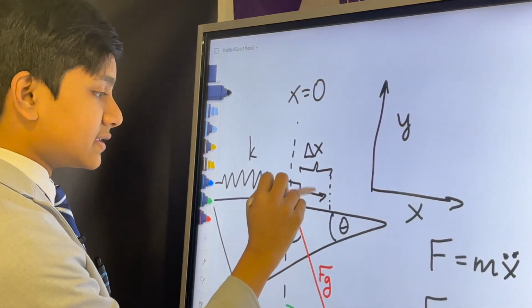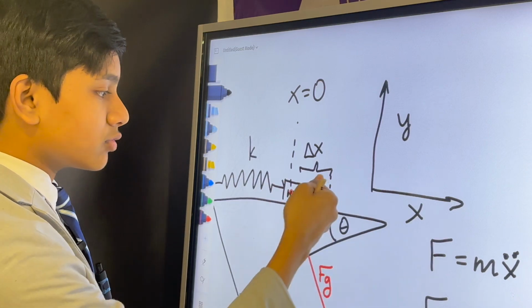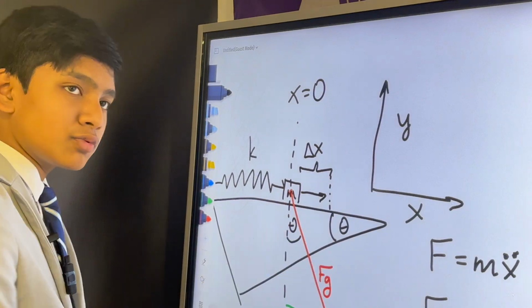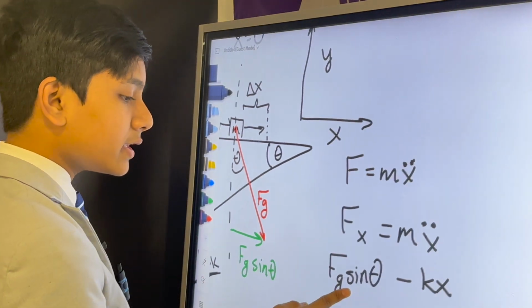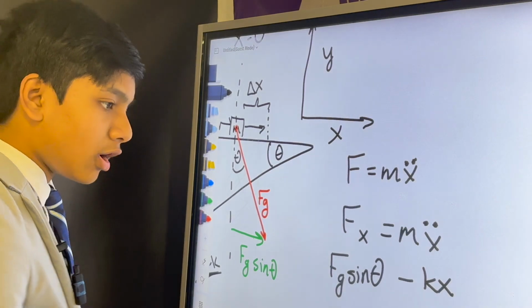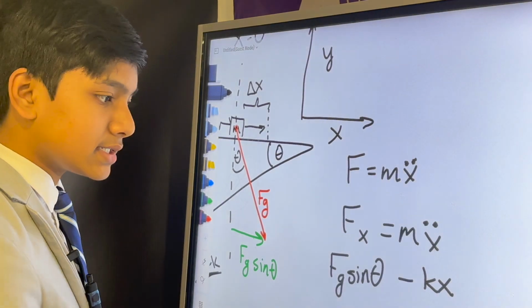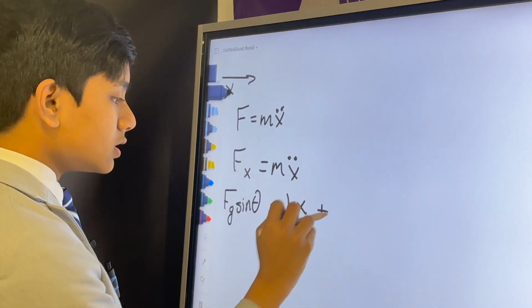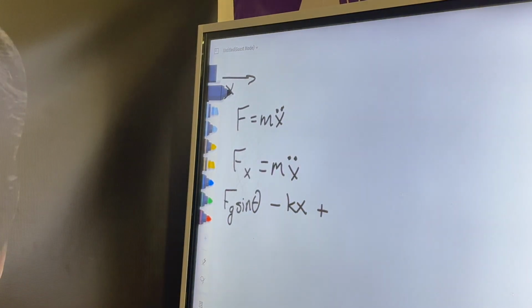If it's right here, then minus kx will mean that it's pointing this way, while if it's here, minus kx will make it point this way. Then, finally, you have the force of friction. The force of friction always acts in the opposite direction of this, right here. So I guess you could add a plus there.